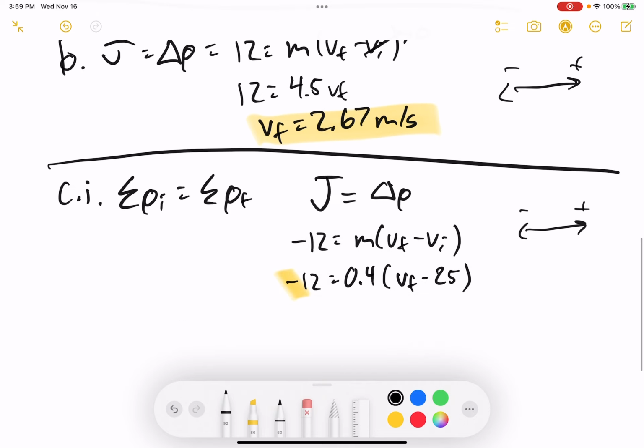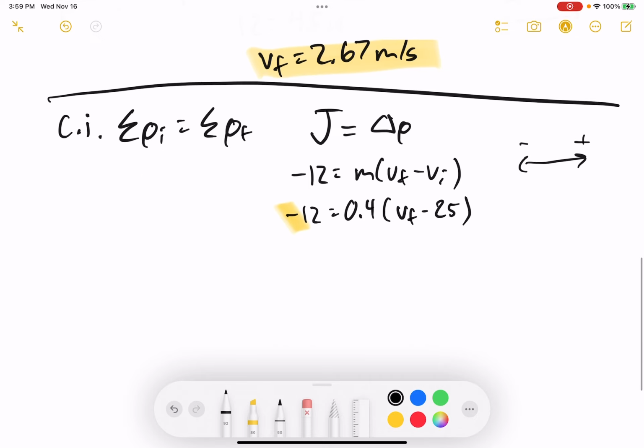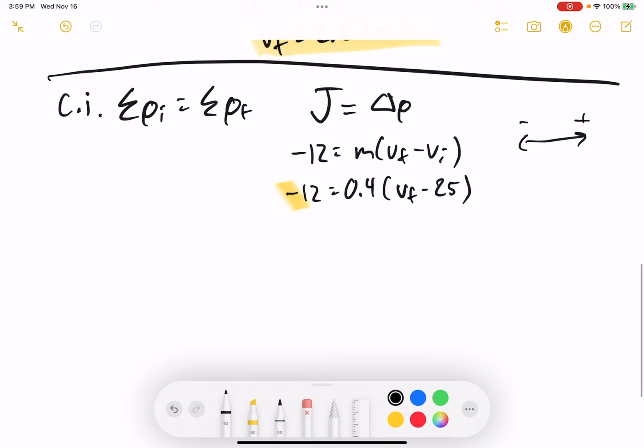If block A pushes block B to the right, block B pushes block A to the left, and so that impulse is the exact opposite, sort of Newton's third law. So let's work to solve for VF. I have negative 12 equals 0.4 VF minus 10.